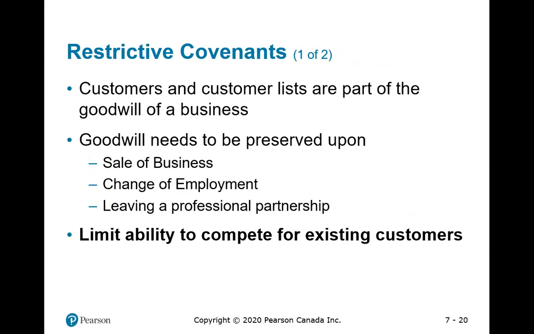It's usually related to confidentiality, not disclosing confidential information; non-solicitation of former employees, former suppliers, former clients; and non-competition, not competing with them. Those are examples of restrictive covenants. We will discuss them again in the employment chapter, but now I'll keep my explanation and example to a business situation.